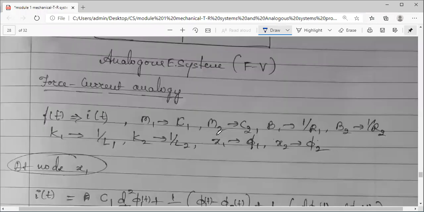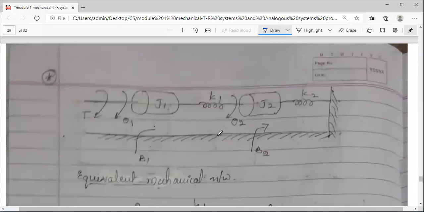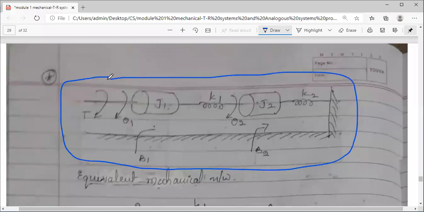Now coming to the rotational mechanical system. You can see it on the screen. This is the mechanical system given. First identify what kind of system it is. Is the mechanical system translational or rotational?